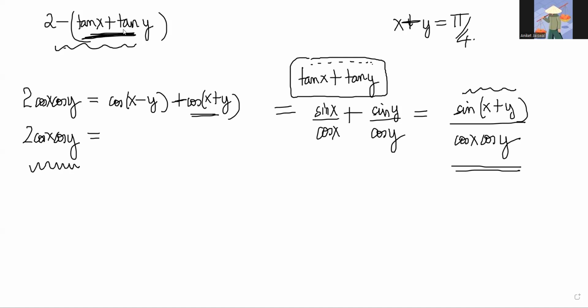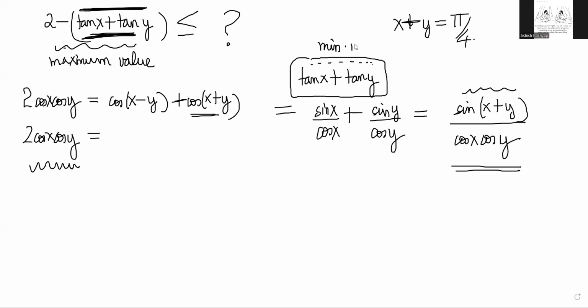See, what I'm saying is, I need to say that this is less than or equal to something, right? So I want the maximum possible value of the whole expression. So for that, I need the minimum value of this. For minimum value, I need to maximize this.